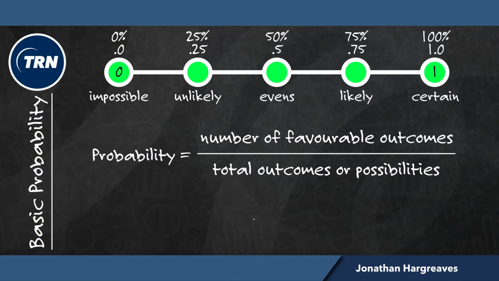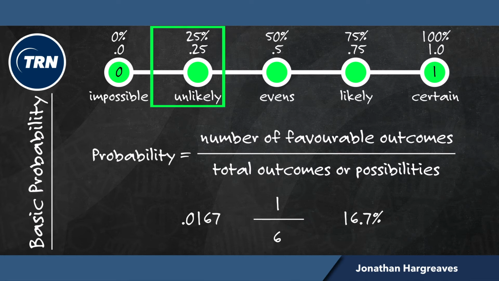So we write our probability as 1 over 6, or 0.0167 as a fraction, or 16.7%. Once again, let's refer back to our probability line, and we can place that 16.7% on our probability line. The probability of us being able to throw a 6 will be unlikely. It will be less than unlikely.